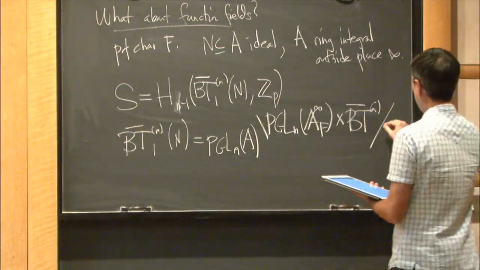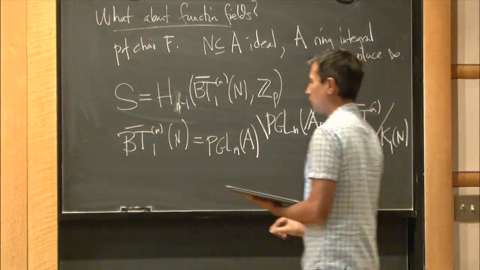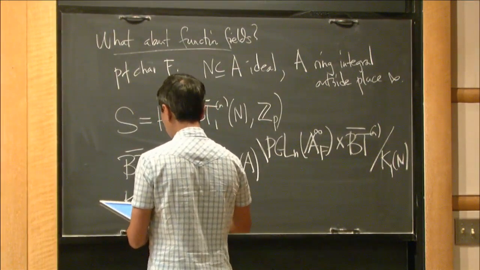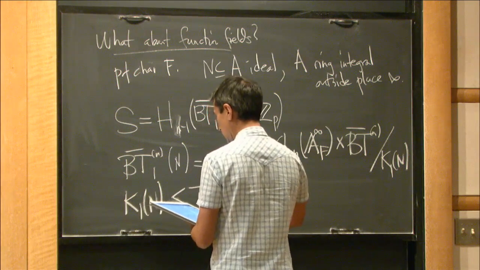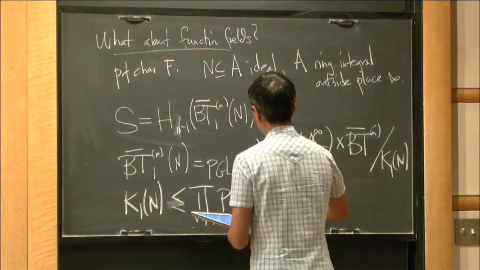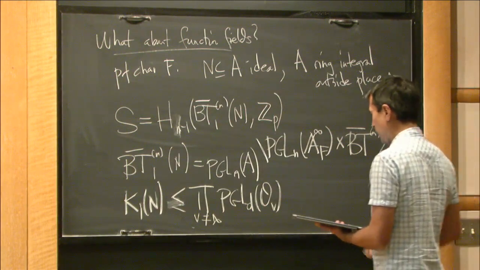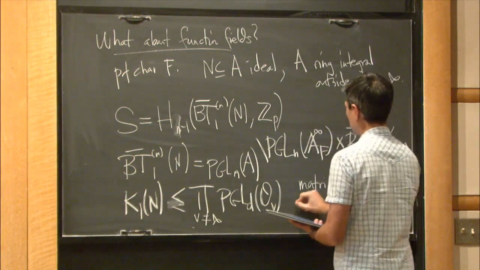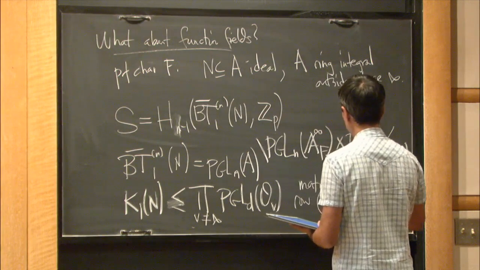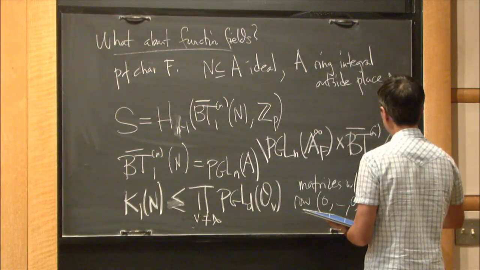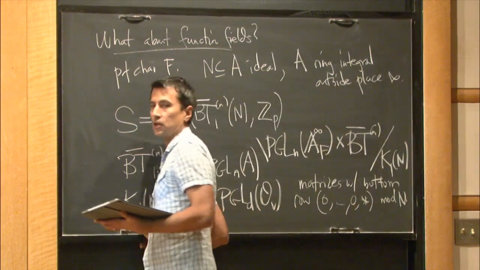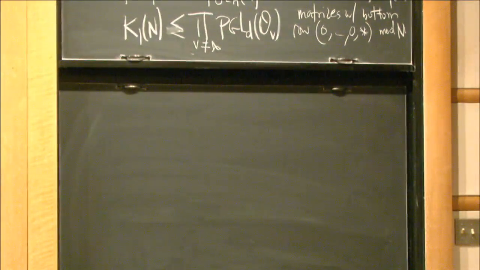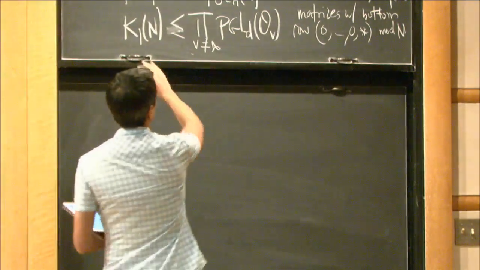And then here you have K_1(N), where K_1(N) will be, inside the product over all places not infinity of PGL_d of the valuation ring at v, the matrices with bottom row 0, 0, star mod N. It's PGL, so I don't think it matters, but I could write 1 if you like.